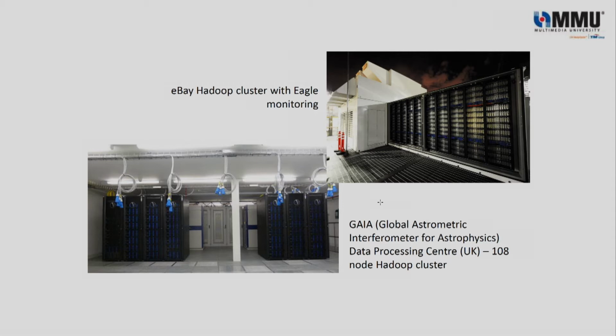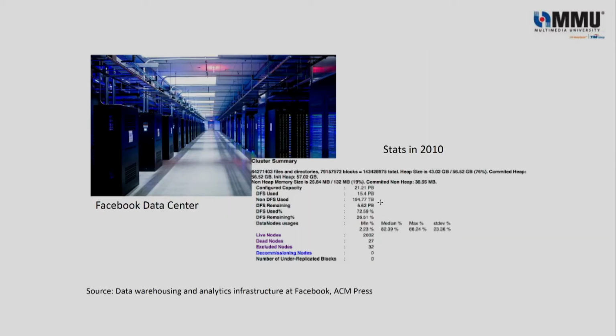We have also another one from Gaia, a weather processing center in the UK. We have the Facebook one. Facebook also has its own Hadoop cluster. This was in 2010. At that time they had about 2,000 machines, 2,000 nodes in their cluster.